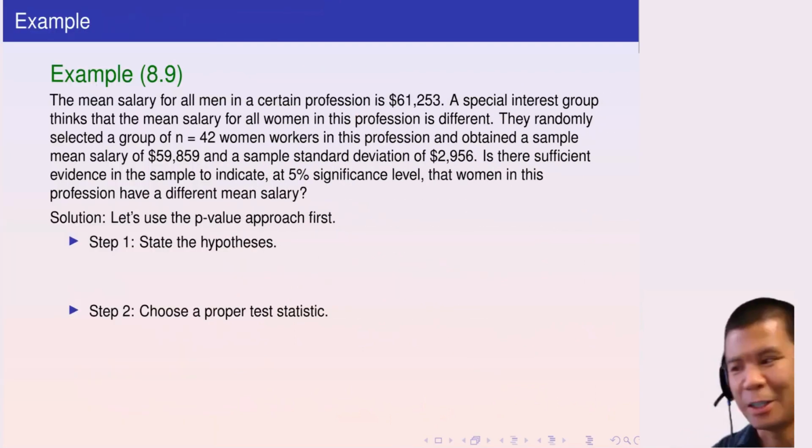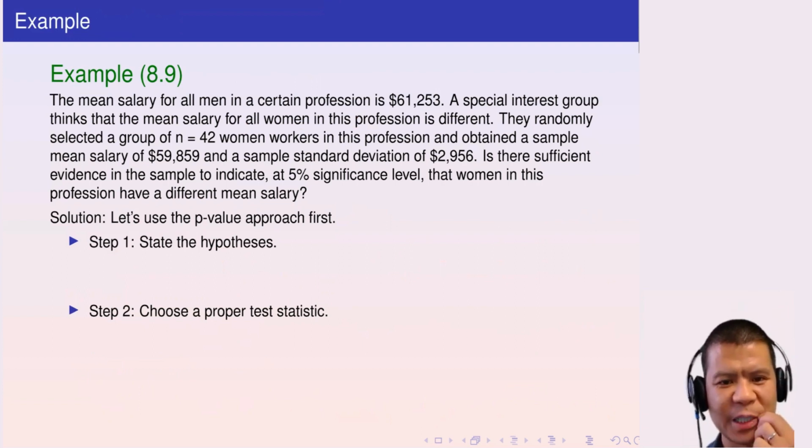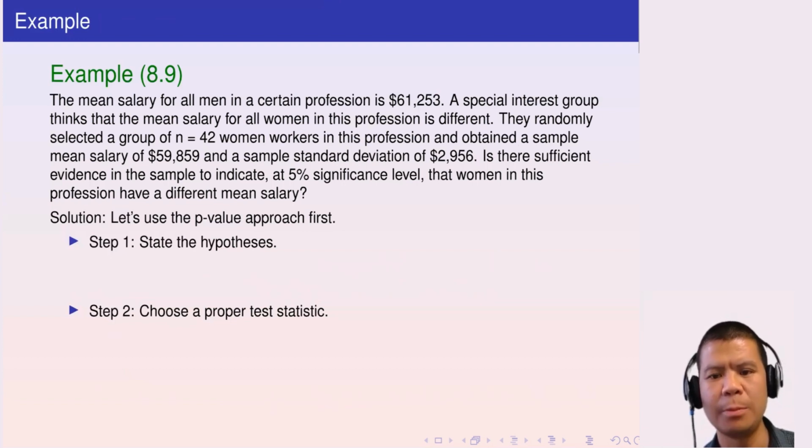Now, let's consider a final example here. The mean salary for all men in a certain profession is $61,253. A special interest group thinks that the mean salary for all women in this profession is different.